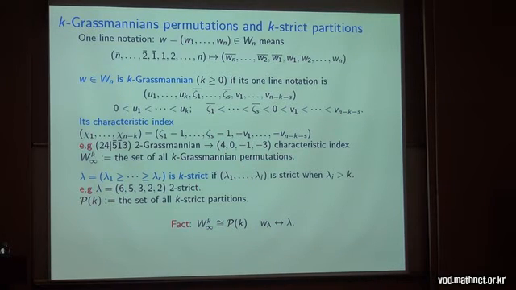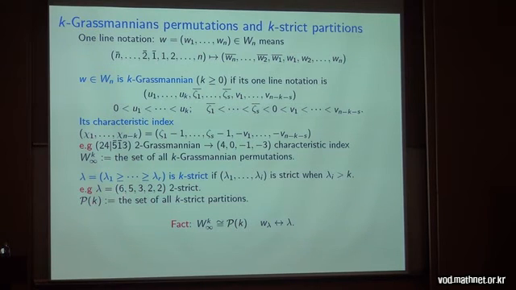Strict partition means that this inequality becomes strictly decreasing. So for example, lambda 6, 5, 3, 2, 2 is 2-strict. If the number is greater than 2, namely 3, 5, 6, it is strict, but for numbers less than or equal to 2, it's not strictly decreasing. Okay?